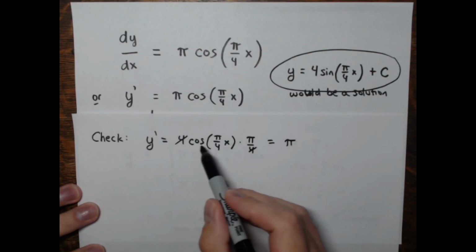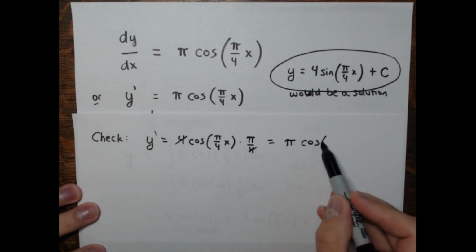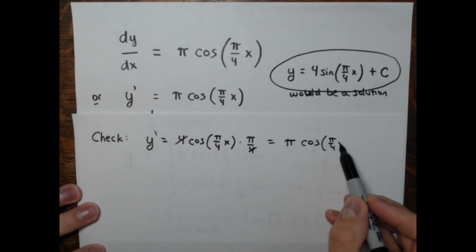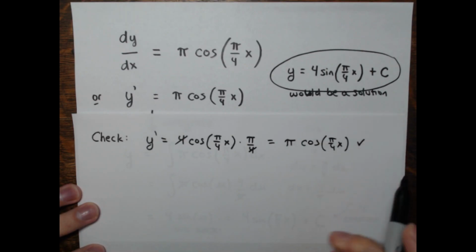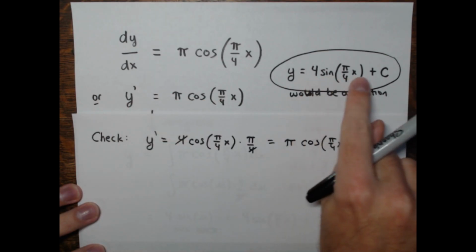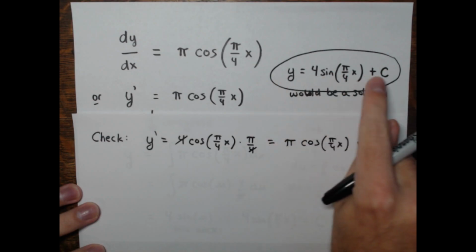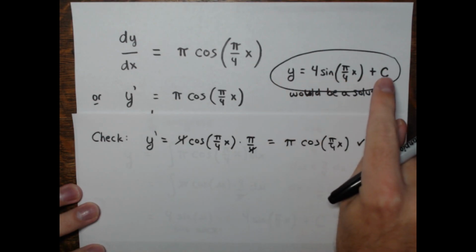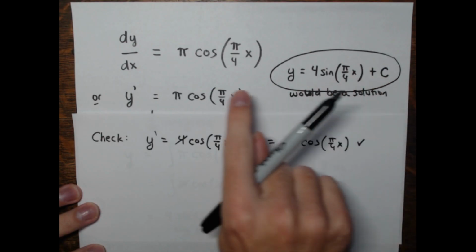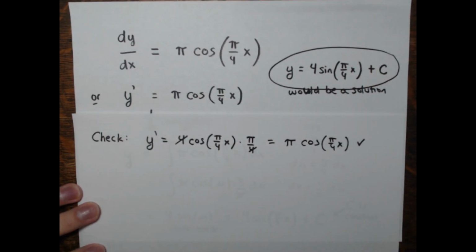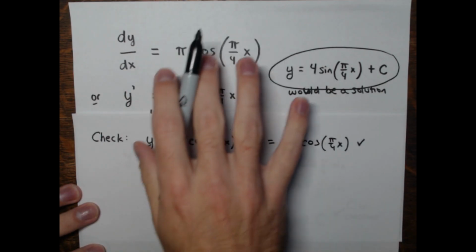It would be pi times the cosine of pi x over 4. So the left side and the right side would be the same. For any constant c, this function, y equals 4 sine of pi over 4 x plus any constant, does satisfy our differential equation.